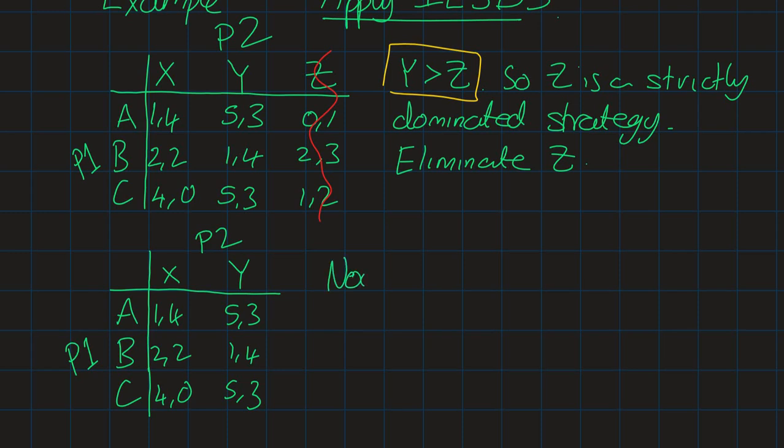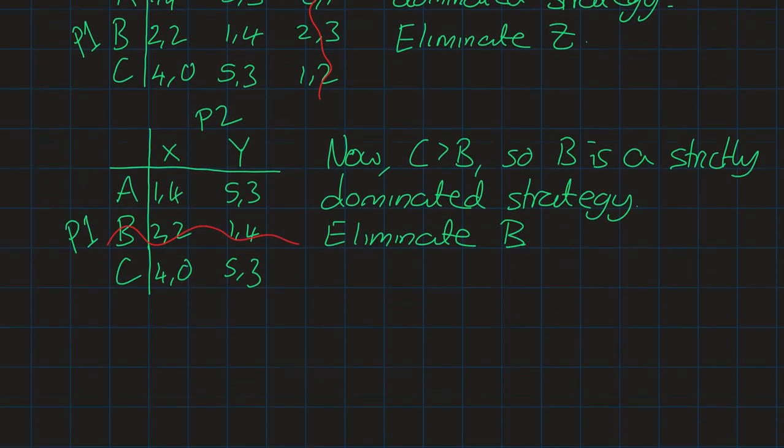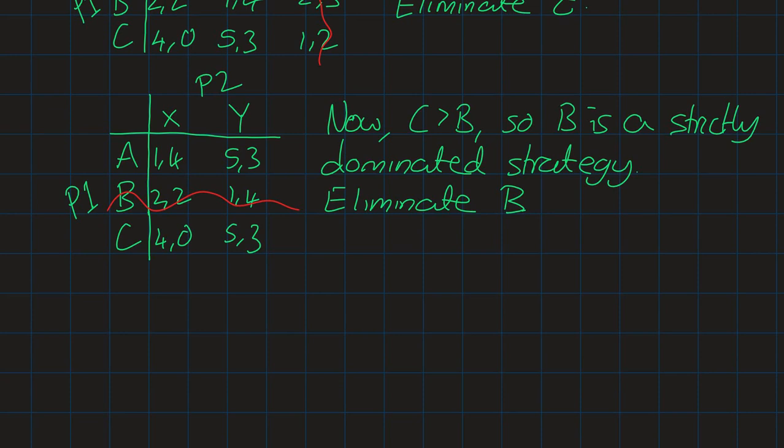So now we have that C strictly dominates B. So B is a strictly dominated strategy, so we eliminate B. Okay, now I'm going to redraw the table. I just have A and C on the left now.